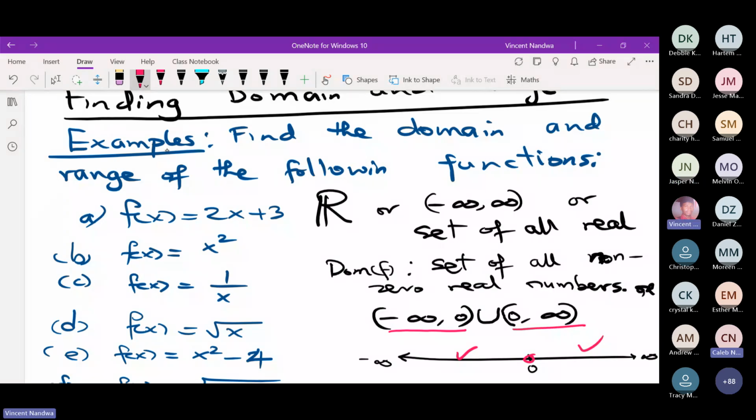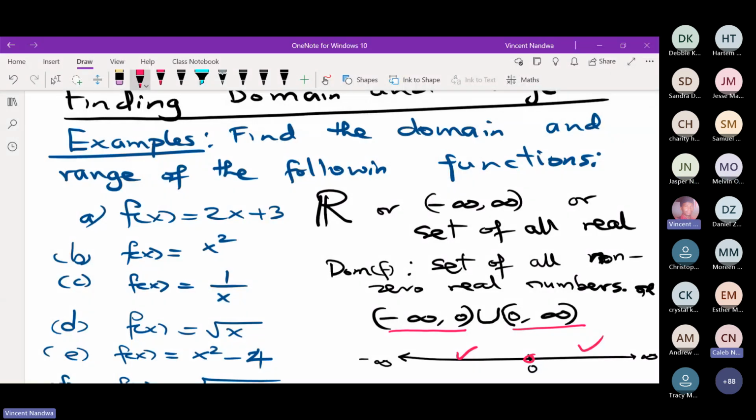And these are the kind of brackets we use, curved brackets, to show that the endpoint number is not part of the set. So all non-zero real numbers will form the domain of f.